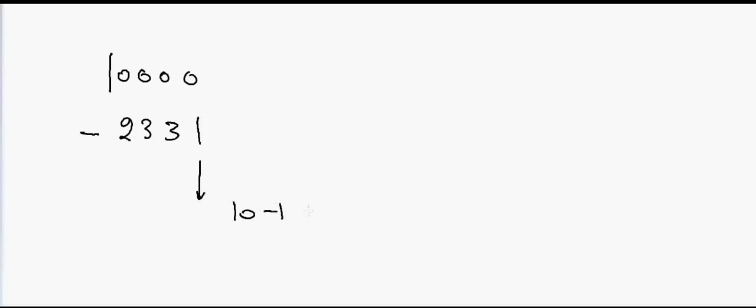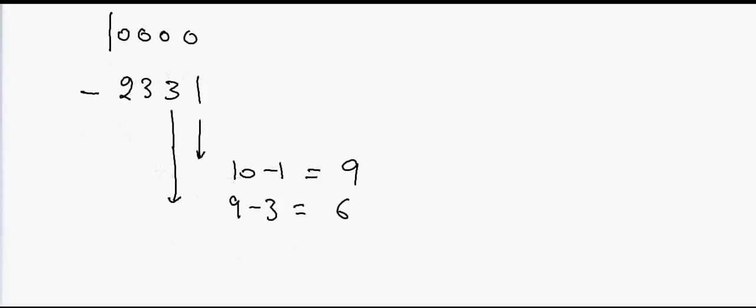The same thing can be done for larger numbers. Suppose I have 10000 and want to subtract 2331 from it. In that case, first I take the 2. So 10 minus 2 is equal to 8, and I take the 3. So 9 minus 3 is equal to 6.